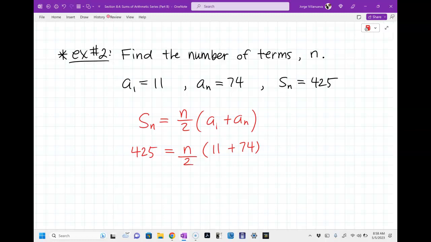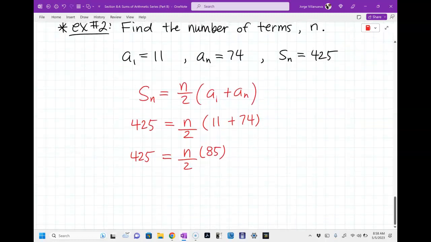So I'm going to go ahead and add those two things together. 11 plus 74 is going to be 85. So 425 is equal to n over 2 times 85.